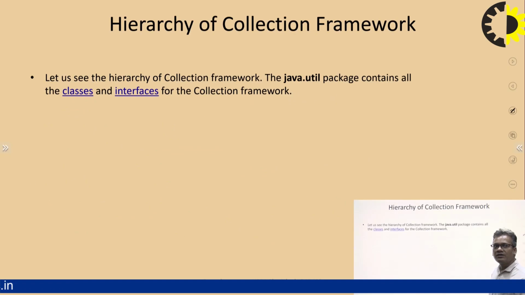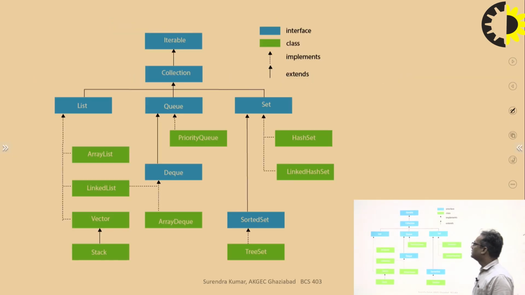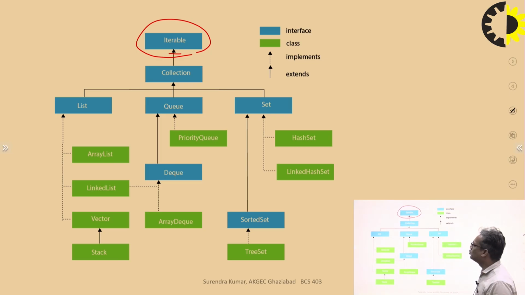So the hierarchy of collection framework, if we go with the java.util package, contains all the classes and interfaces like this. On the top you have the iterable interface. Here we represent blue color as an interface and green color for the classes.